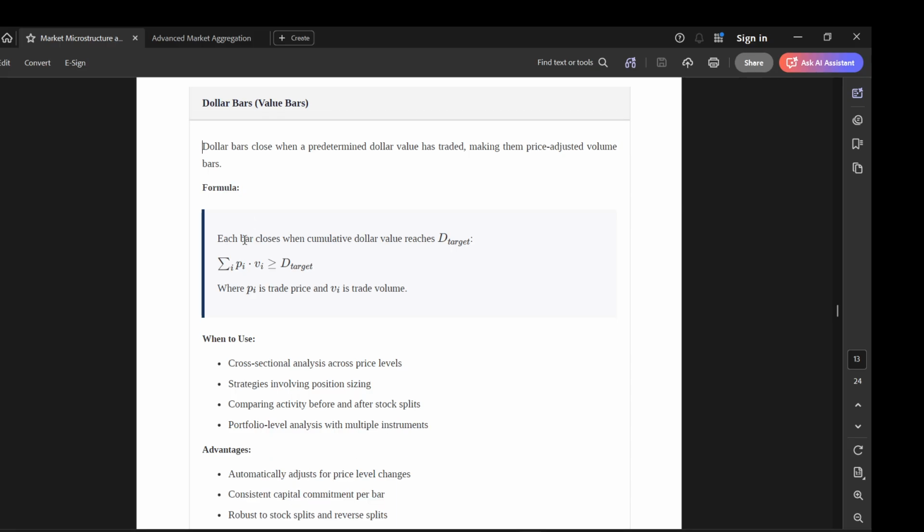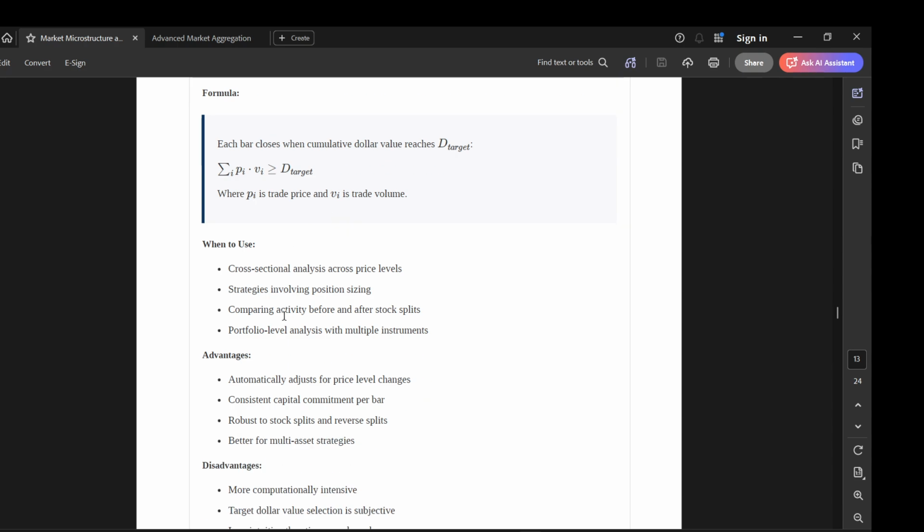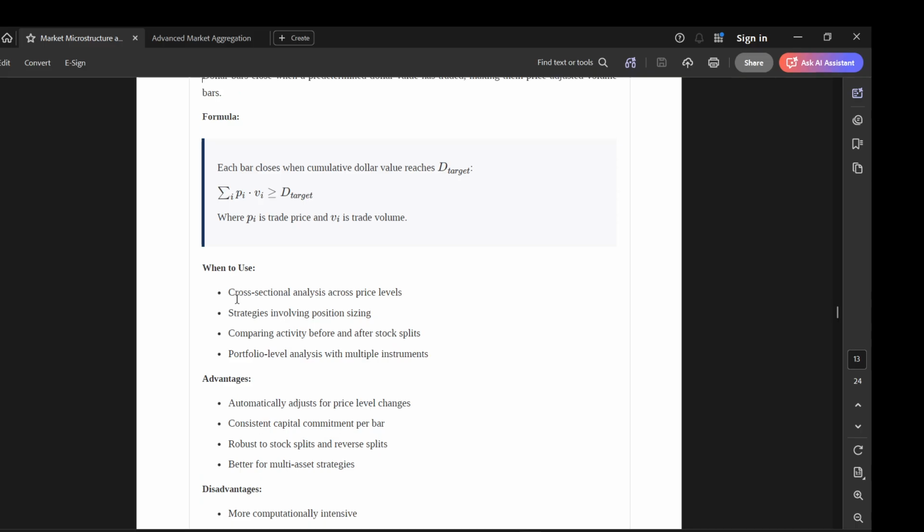Each bar closes when cumulative dollar value reaches D sub target: the sum of P sub I times V sub I, where I indexes from I up until any arbitrary number, is greater than or equal to D sub target, where P sub I is trade price and V sub I is trade volume.